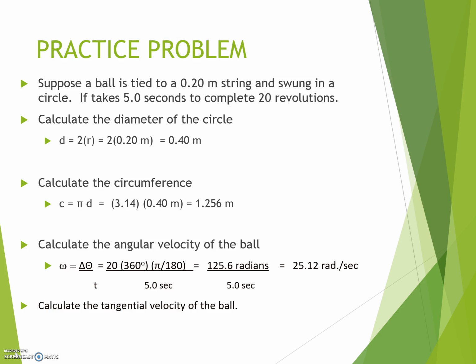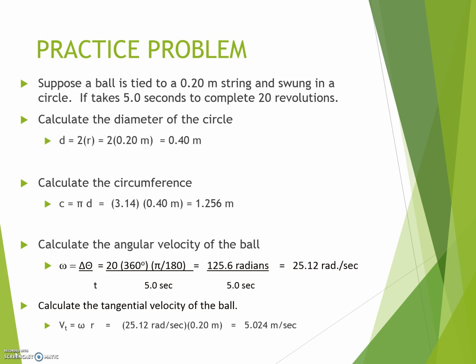Once we've calculated the angular velocity, then we can calculate the tangential velocity. So we have the ball, and we're swinging it around in a circle on a string, and the ball breaks loose of that circle and flies tangent to the circle. We want to know how fast it's going. So we're going to take the angular velocity and multiply it by the radius.